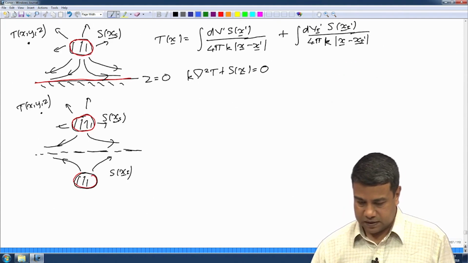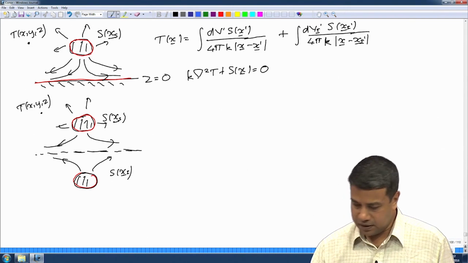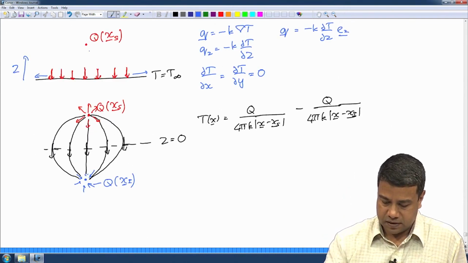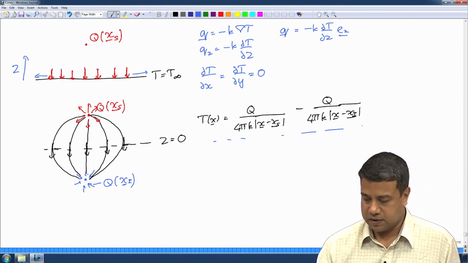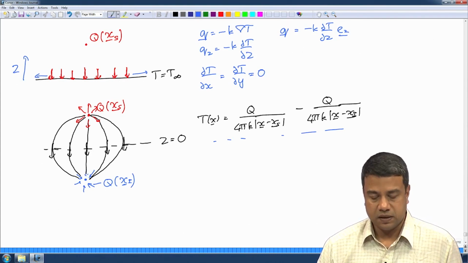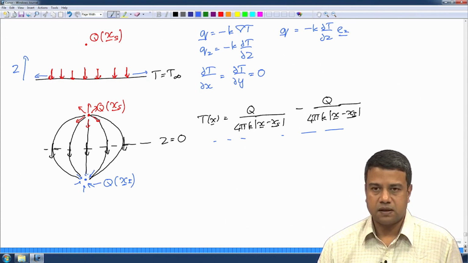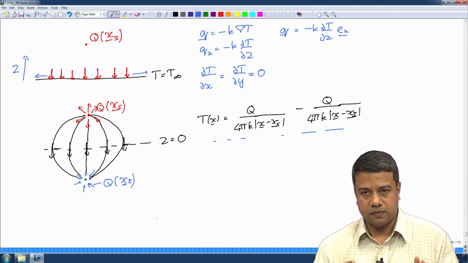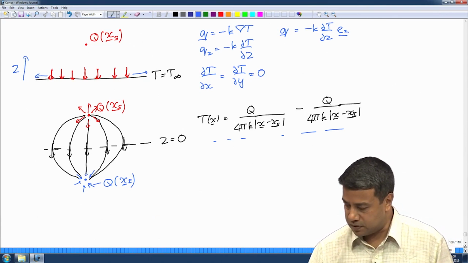We had actually solved this. What we need to do is to take a source and a sink and just superpose the temperature due to each one of them individually. In this configuration, since I have a combination of a source and a sink, the flux lines will be perpendicular to the mid plane between those two.